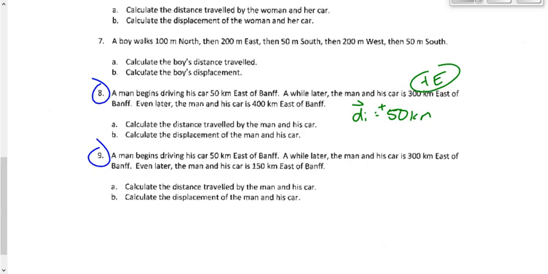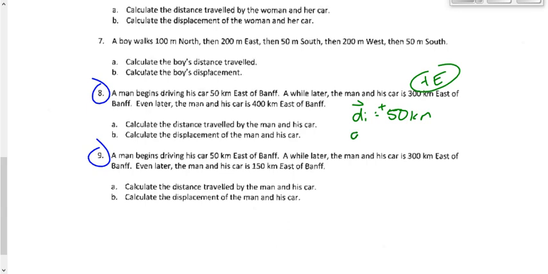The reason I like to write in positive there is to remind me that it is a vector, and the direction does matter, and the sign does matter. If it's a scalar, it's going to be positive as well, right? But I'm just reminding myself here that direction is important. Okay, a while later, the man in his car is 300 kilometers east of Banff. Then even later is 400 kilometers east of Banff.